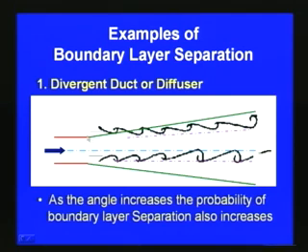You can see that the boundary layer is formed and then the separation starts, and as the angle increases the probability of boundary layer separation also increases. If the angle is more, the probability of boundary layer separation also increases. So, this is the divergent duct or diffuser where boundary layer separation takes place.